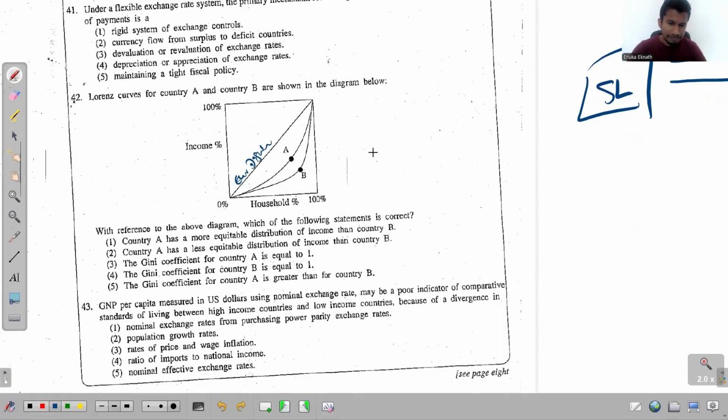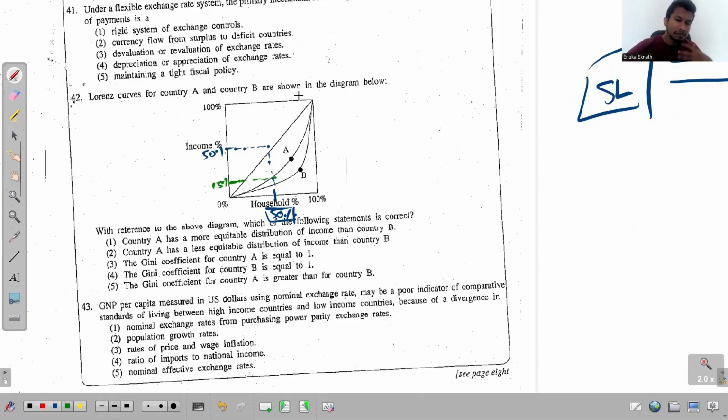This line represents the uniformity of the income distribution. For example, if you select 50% of the households, the equidistributed line represents that 50% of the households own 50% of the income in the country. But the Lorenz curve represents reality: the first 50% of the population receives somewhere around 15% of the total income.